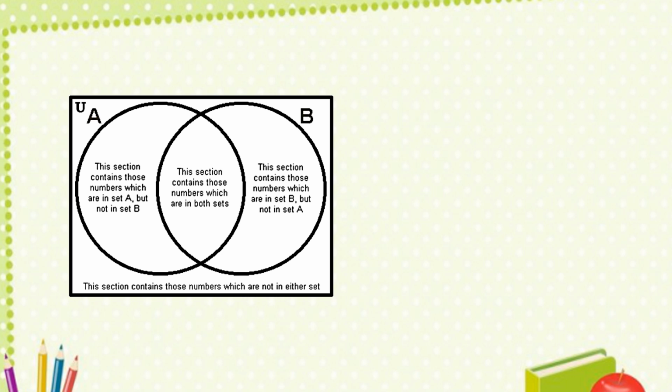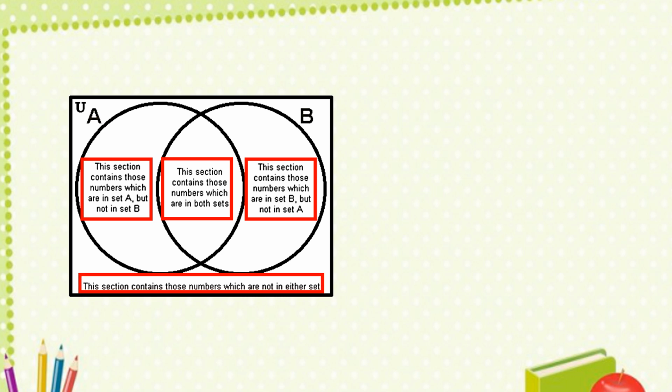This section contains those numbers or elements which are in set A but not in set B. In other words, this section refers to the cardinal number of the elements belonging to set A but not in set B. This section contains those elements that belong to both A and B. This refers to the cardinal number of those elements that belong to A and at the same time belong to B. This section contains those numbers which are in set B but not in set A.